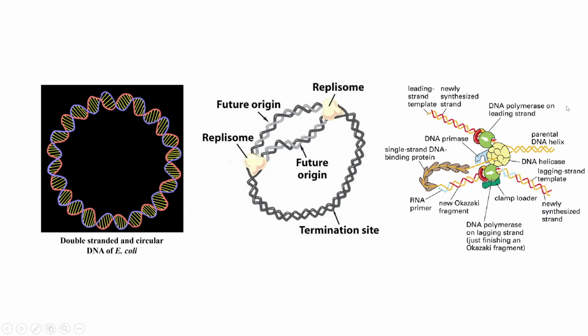And the sliding clamp itself allows the DNA polymerase unit to move along the double-stranded helix, and in the single-stranded regions, without falling off. So it helps with improving the processivity, or how long it can keep synthesizing fresh strand without falling off. So these are the different elements of this DNA polymerase holoenzyme.